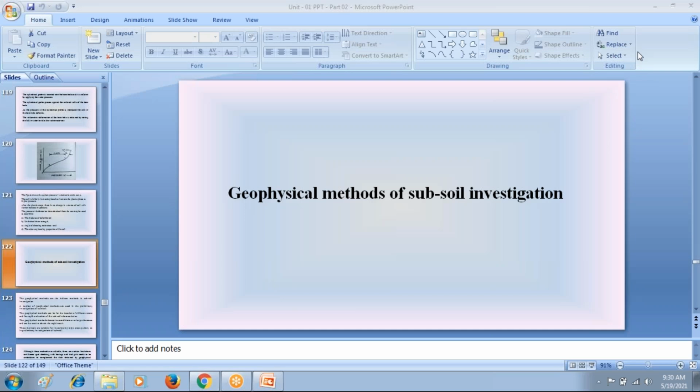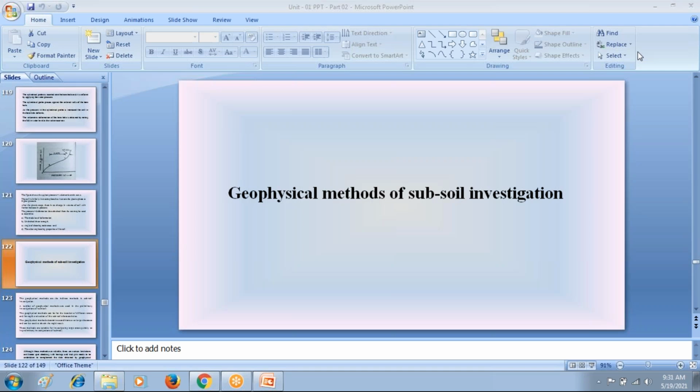Good morning, students. Last class, I explained the in situ tests conducted in subsoil exploration, or the field tests conducted in subsoil exploration. In that, we discussed the standard penetration test, static cone penetration test, dynamic cone penetration test, and the fourth one is the in situ vane shear test, and the fifth one is the pressuremeter test.